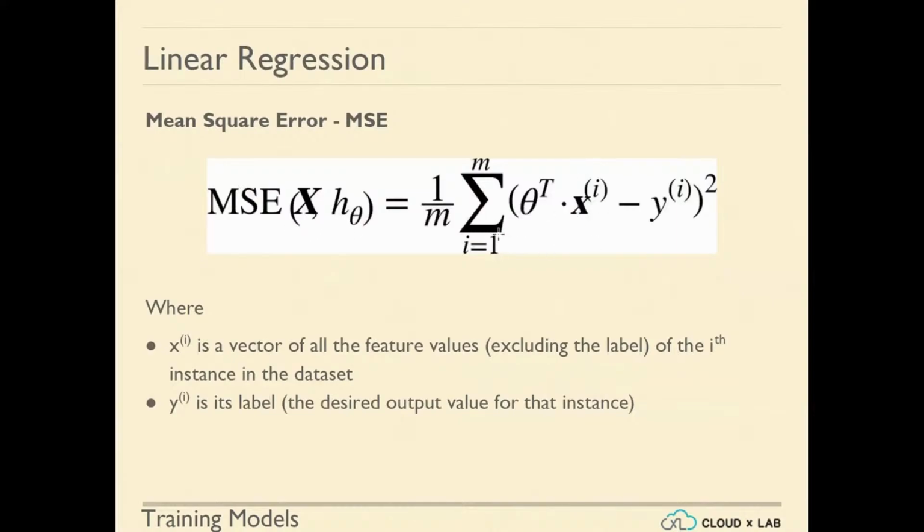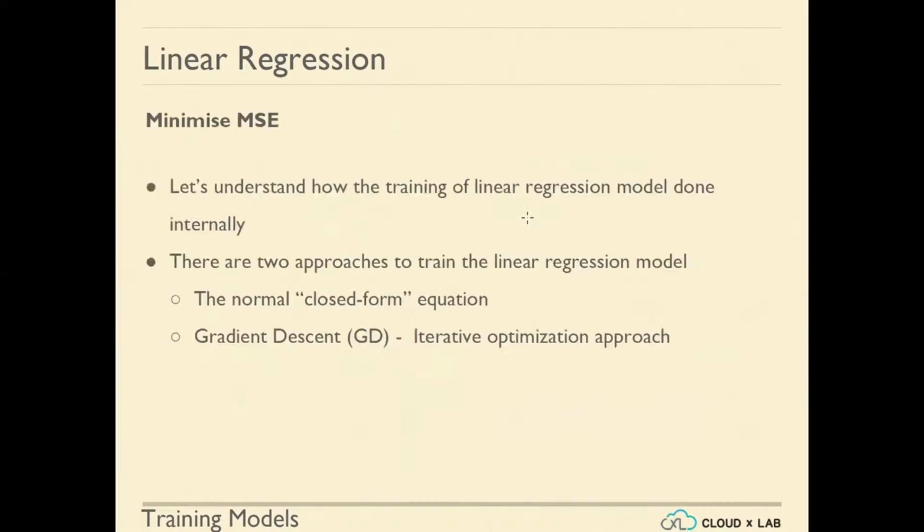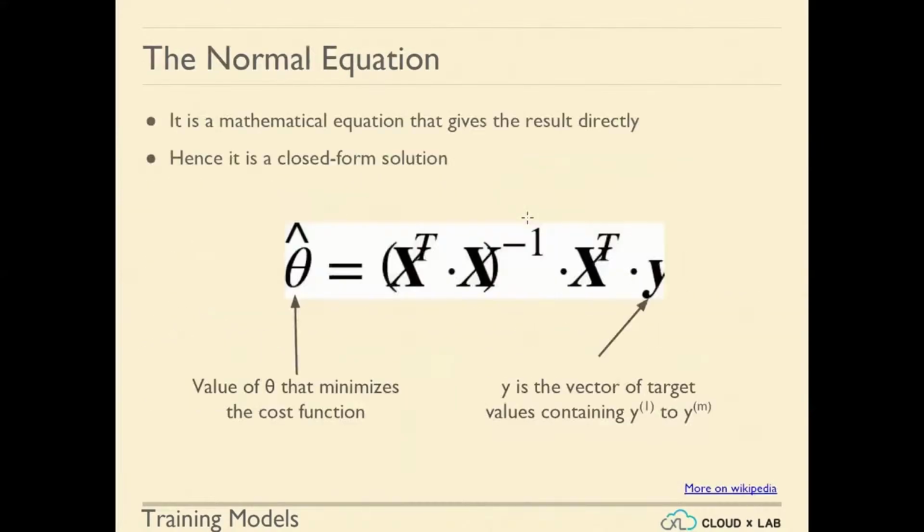Since we want to minimize it, we will differentiate it with respect to unknown theta, set it to 0, and we will get the solution theta, right? So this is how you can derive this equation for theta, and directly get the solution theta, because here theta is the unknown.